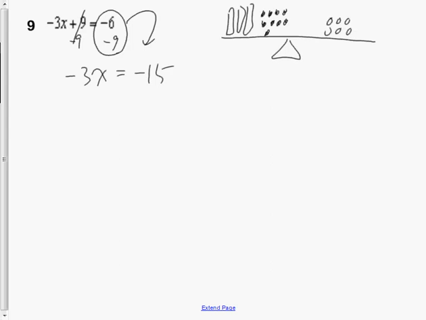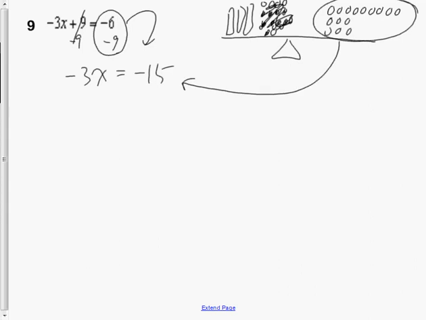So we have negative 3x plus 9 equals negative 6. And if I subtracted 9 from both sides, it would look like this. These would become 0 pairs. But what I clearly see here is that I don't have a change here. I have negative 6 plus negative 9. I have negative 15 as my value on the right. And now that I have that, the modeling kind of falls short because dividing by negative 3 doesn't make sense from a modeling perspective.